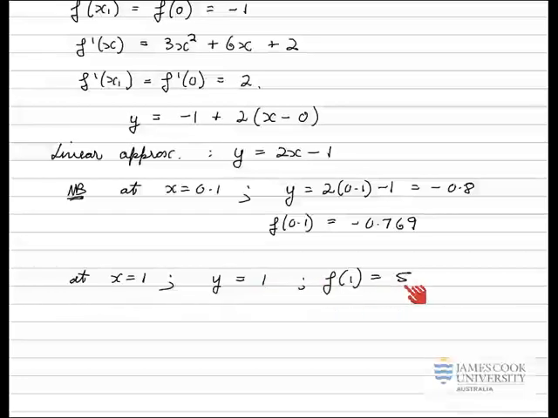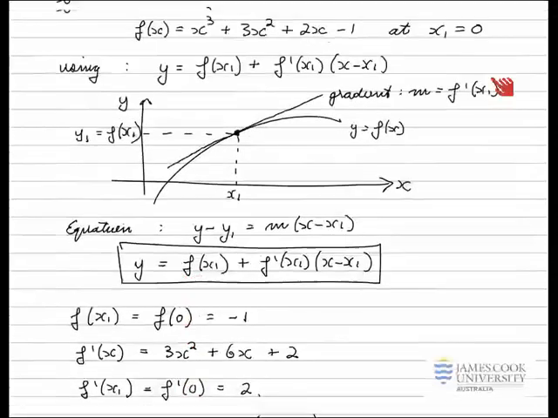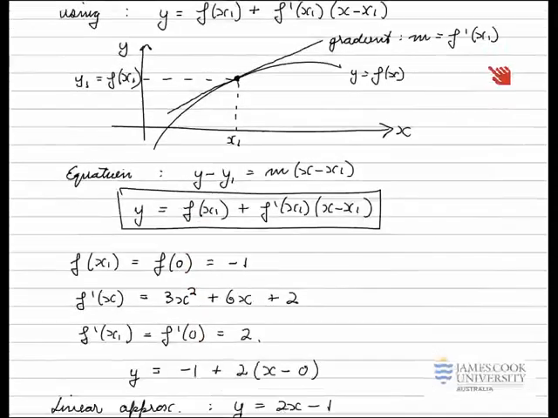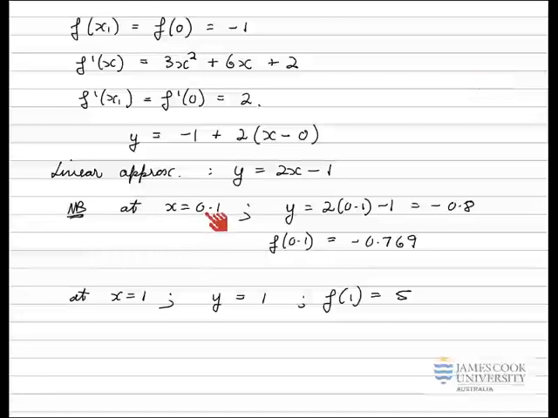Looking at those two, the linear approximation is not a good approximation of the cubic or of our original function at the value x equals 1. So as we move further away from the central point, we can see our central point at x1 equals 0. If we're close to the central point, we get a pretty good approximation. As we move further away, we get a terrible approximation.